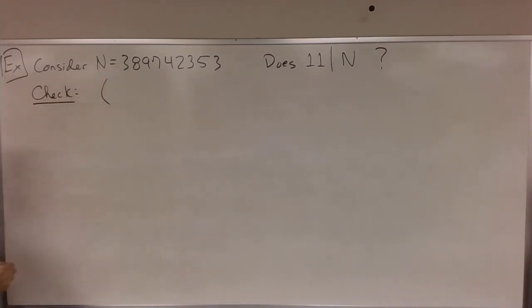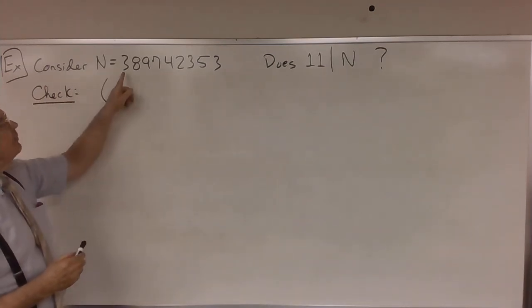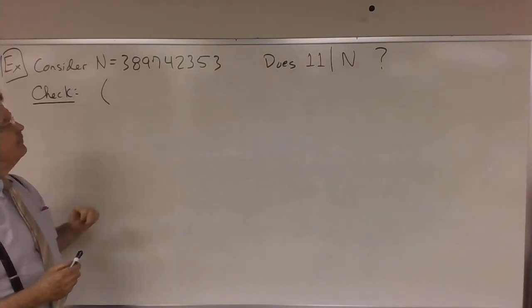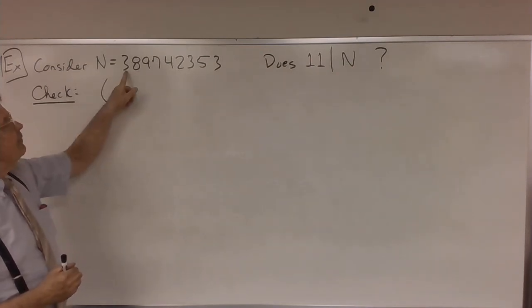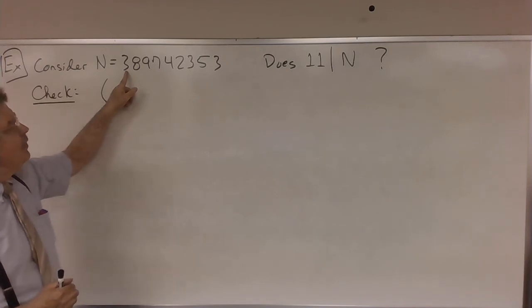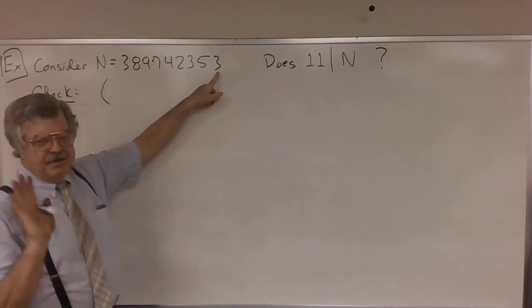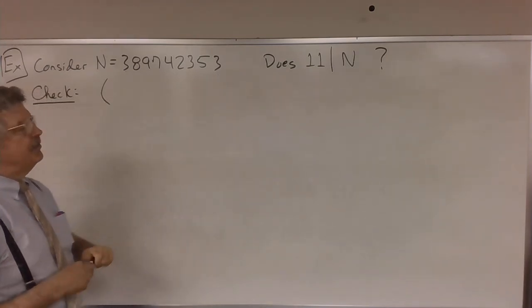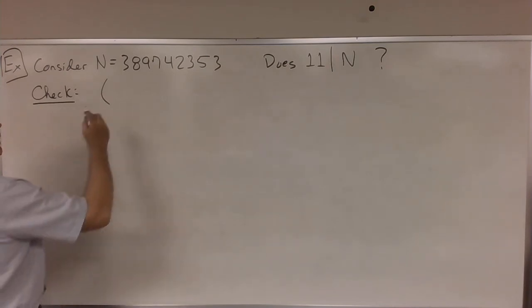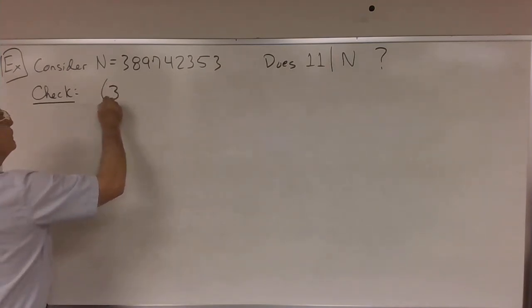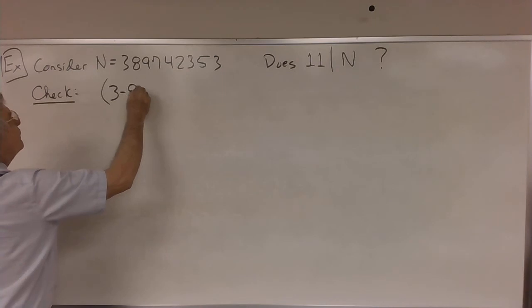And we add up the digits. We add and subtract the digits alternately. And it doesn't matter if we start here or if we start in the ones place. It's going to work out the same either way. Alternately, we add and subtract the digits.